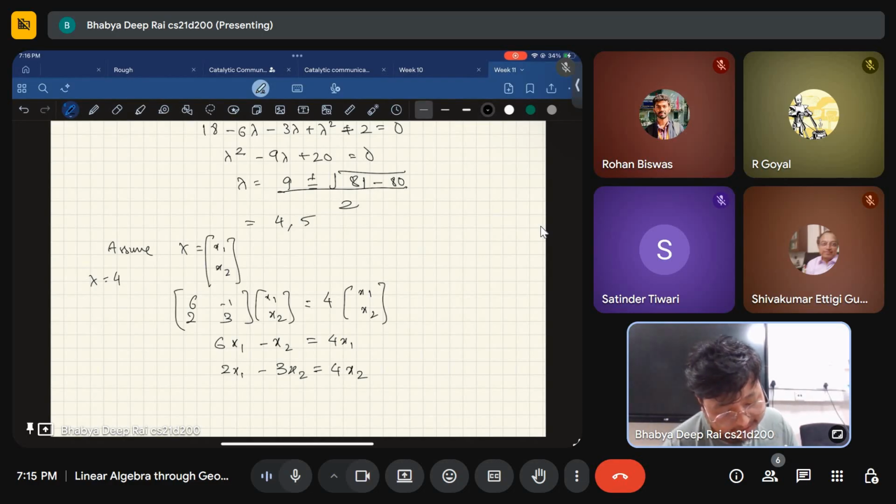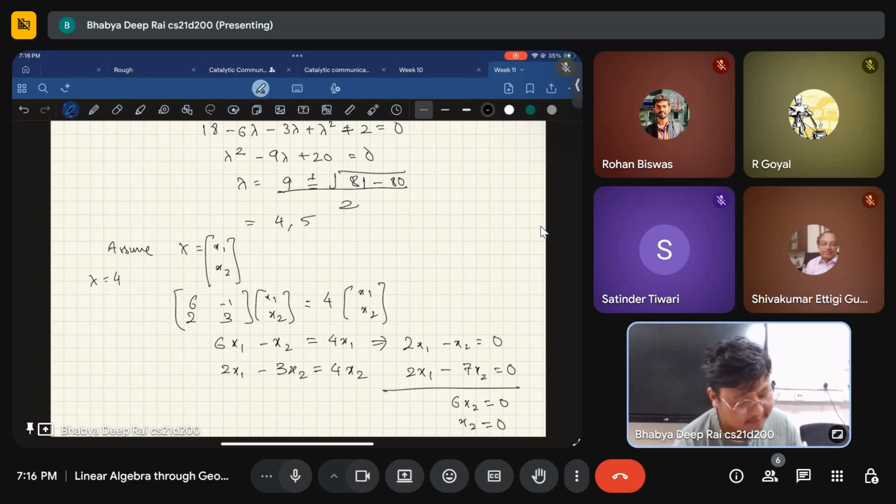So let's find this out. I can equivalently write the first as 2x1 minus x2 equals 0, and the second as 2x1 minus 7x2 equals 0. And I can subtract these to get 6x2 equals 0, so x2 equals 0.